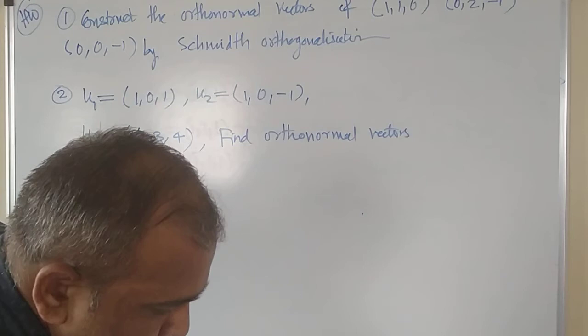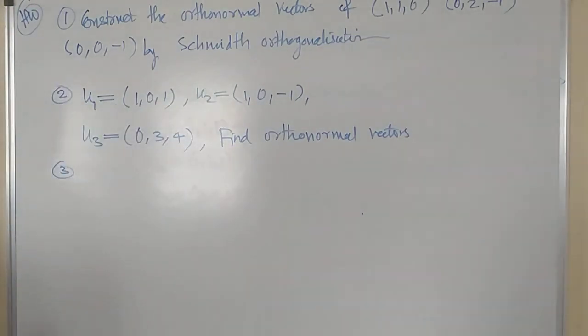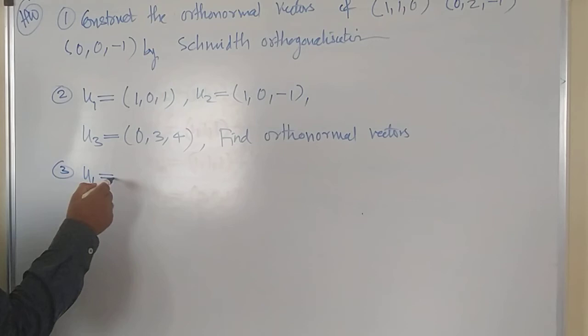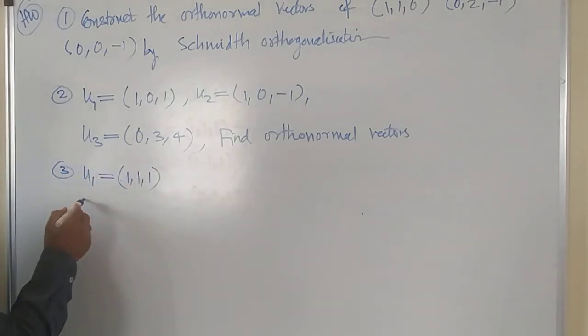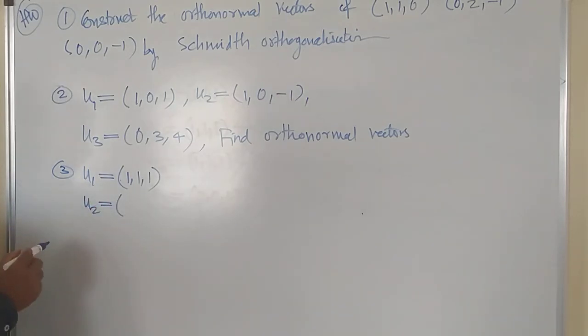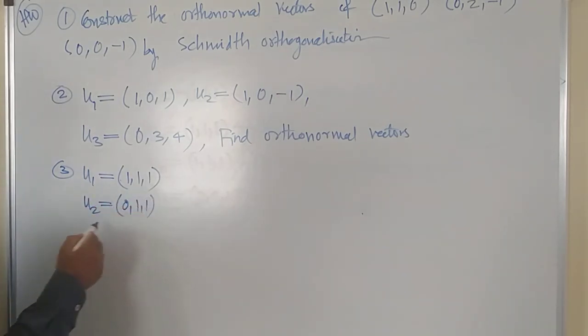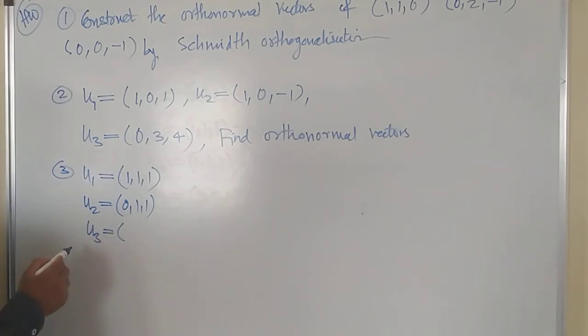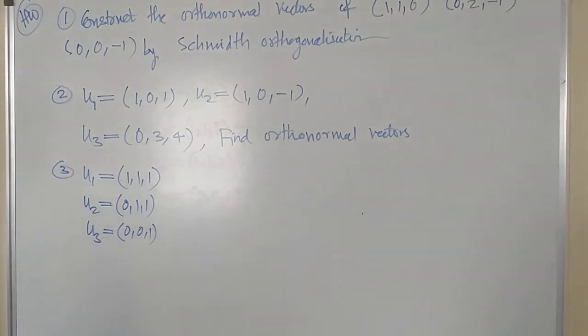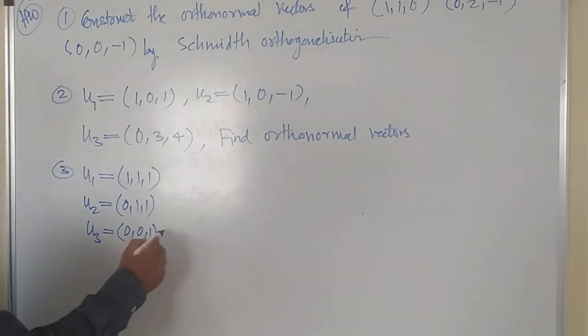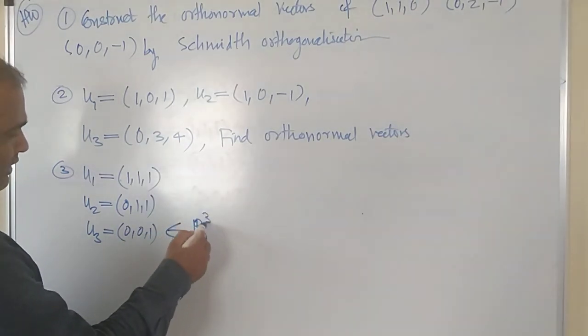The third one is U1 is 1, 1, 1. U2 is 0, 1, 1. U3 is 0, 0, 1. This is a basis of Euclidean space R3.